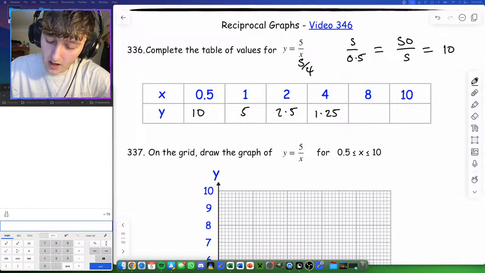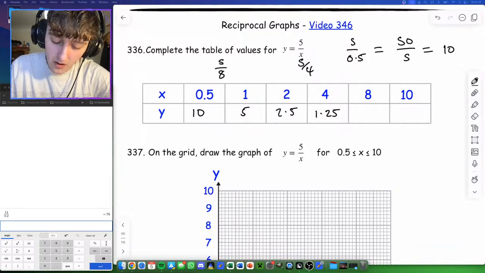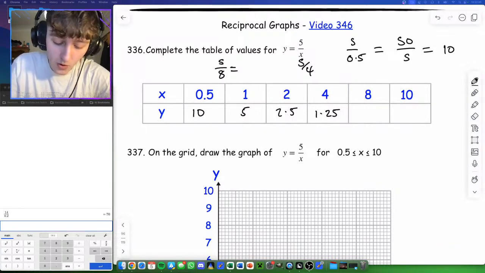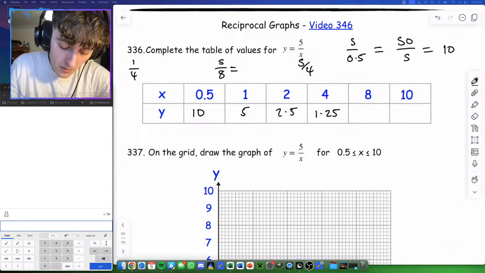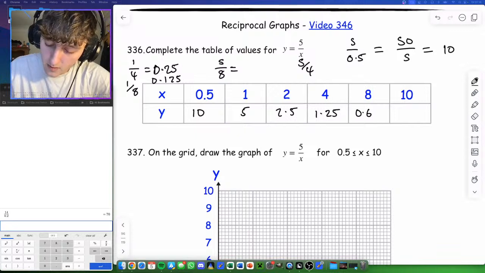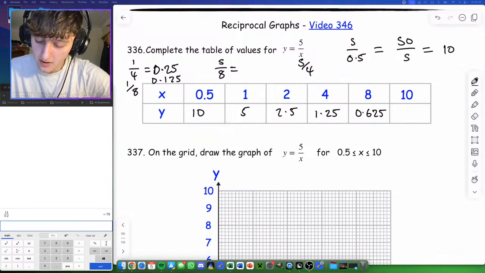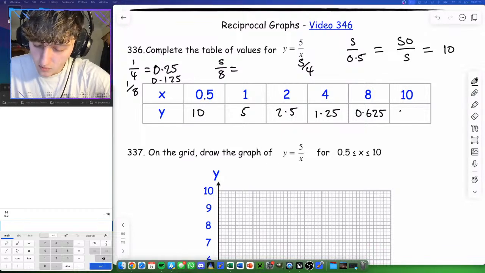Then 5 divided by 8, 5 eighths is going to be, if a quarter is 0.25, then 0.125 must be an eighth, yep. So 5 of them is going to be 2 of these and 1 of them, so 0.625. 5 divided by 10 is 0.5.